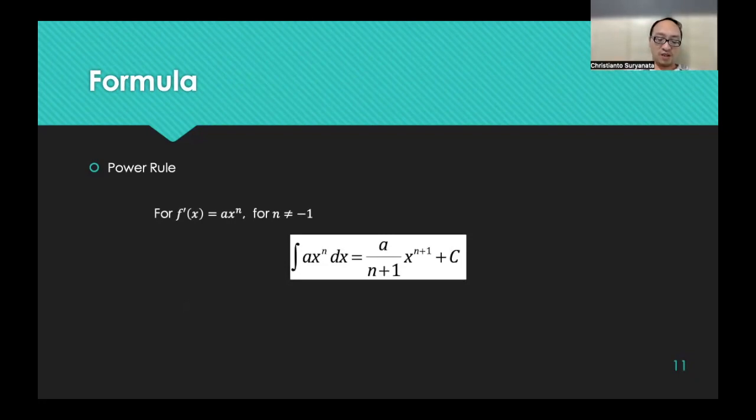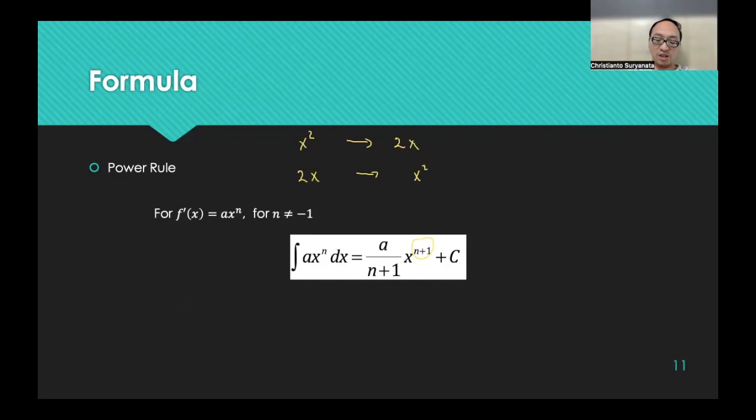So again, for example, if we have x squared, when we derive it, it becomes 2x. Now, how do we return the 2x into x squared? We can see that the power should be n plus 1.